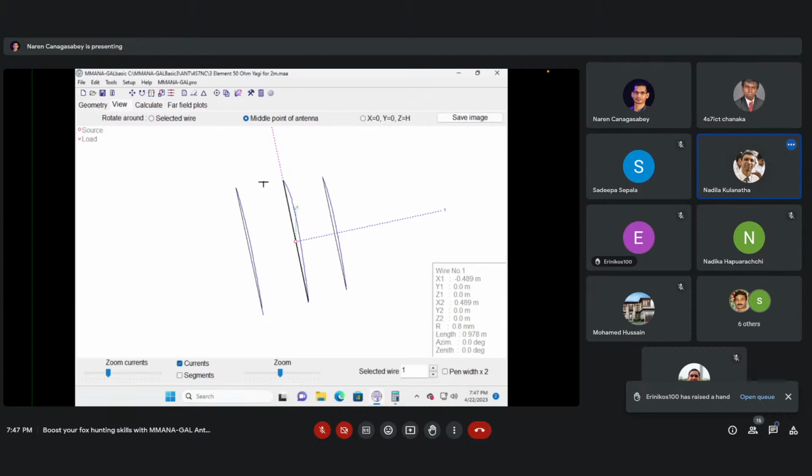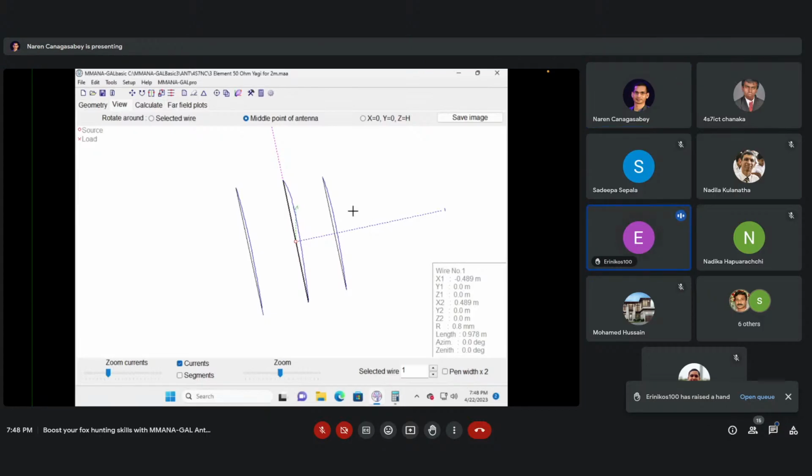Ron, go ahead. Yes, Naren, if the element was to be continuous with no split for ease of construction, then where would the braid go? Could you repeat that, please, Ron? If it was a continuous element without a split in the middle, then would you need something like a gamma match, or how could it be matched?